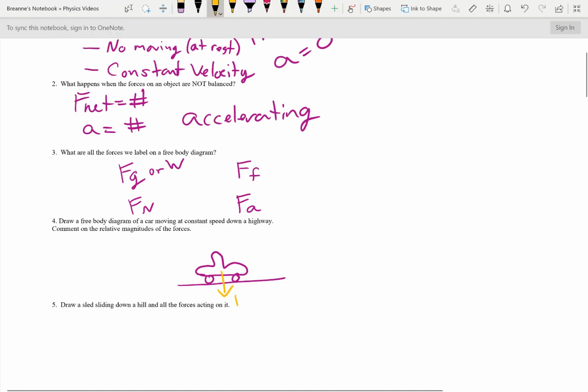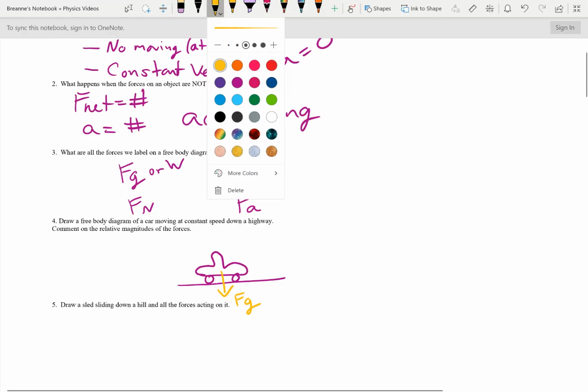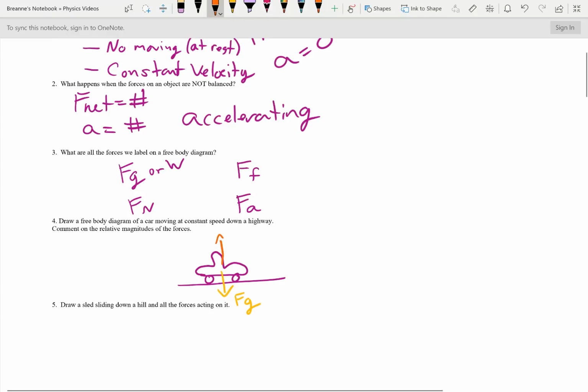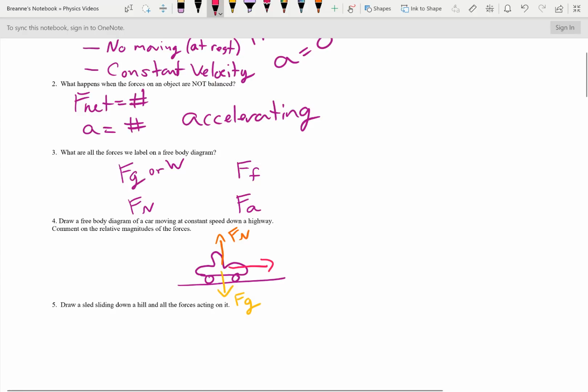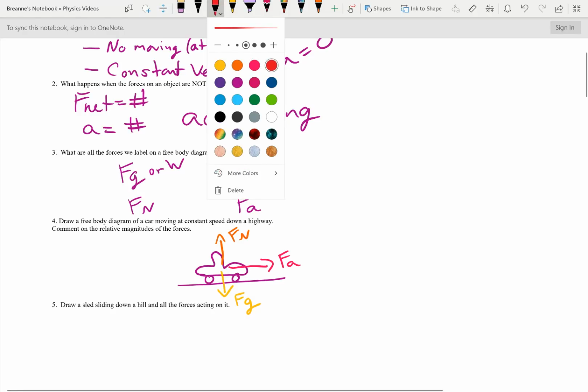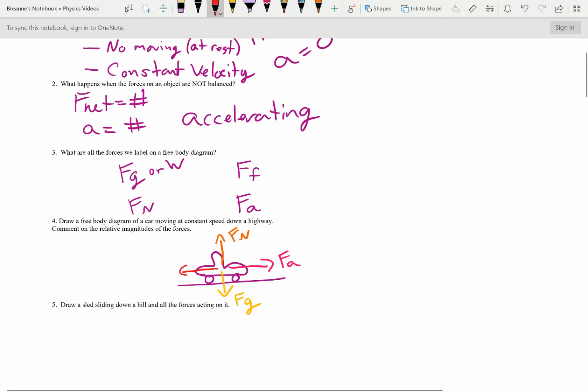If you say force of gravity, you're going to be 100% correct because force of gravity affects everything. Then we have force of normal with the ground up on the car. Then we have some type of force applied, like you pushing your accelerator, and then we have a force of friction.